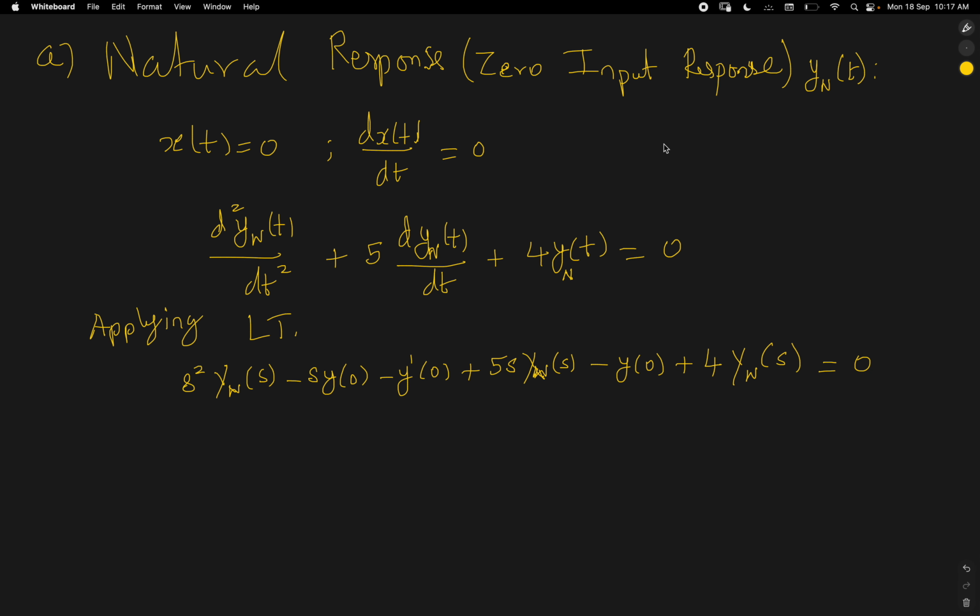As we know, the initial condition y of 0 minus equal to 0 and y dash of 0 minus equal to 1. Sometimes we will call this y of 0 as y of 0 minus, interchangeably used. So just replacing the value of these initial conditions, we are reducing the equation into another form.